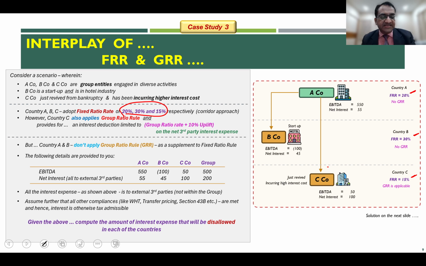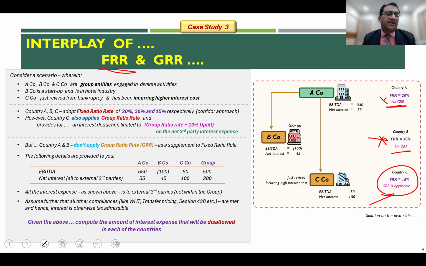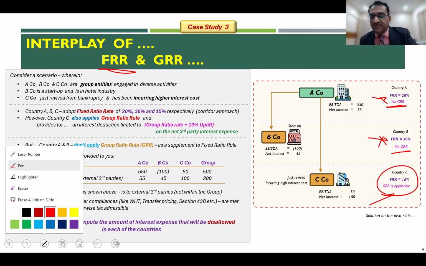However, country C has also applied GRR. So apart from the fixed ratio rule, the group ratio rule applies only in country C. The other two countries have no GRR applied. These two countries have only legislated the fixed ratio rule. Let's further read it here.